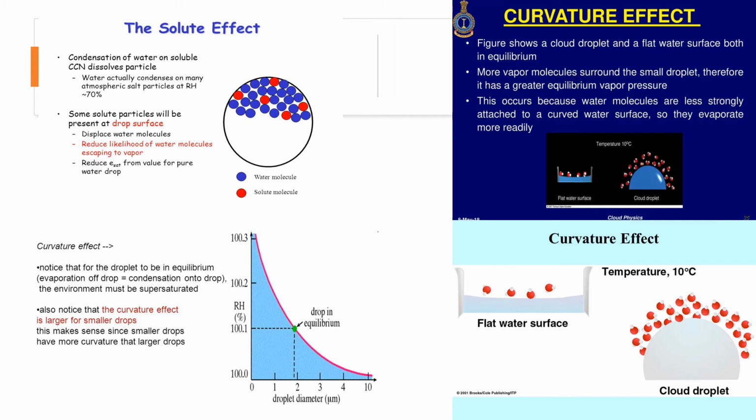As the droplets grow larger, the solution becomes more dilute. Imagine, for example, that we place cloud condensation nuclei of different sizes into moist but unsaturated air. As the air cools, the relative humidity increases.